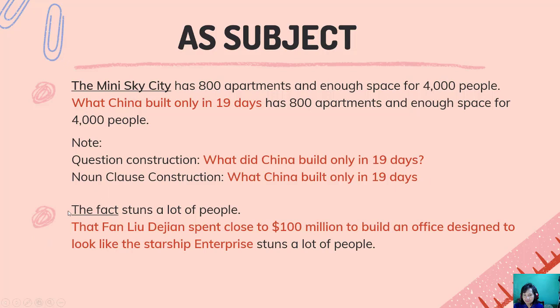Another example. The fact stuns a lot of people. This is the noun, and this is a noun clause. This is the conjunction. That the foundation spent close to 100 million to build an office designed to look like the Starship Enterprise stuns a lot of people.